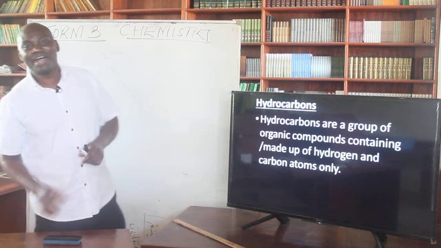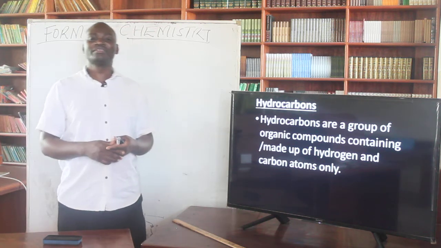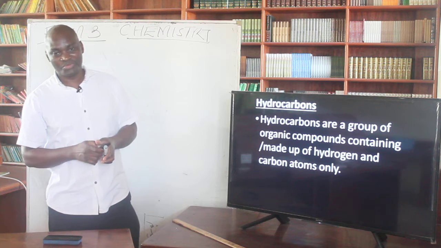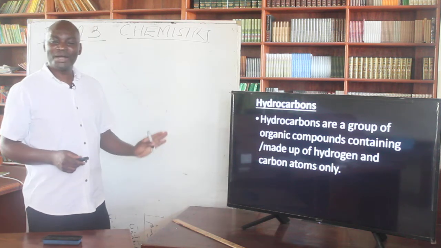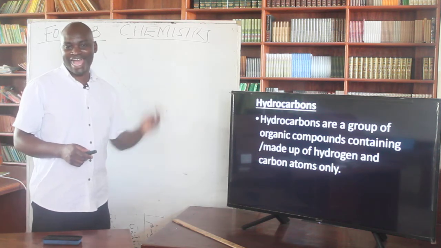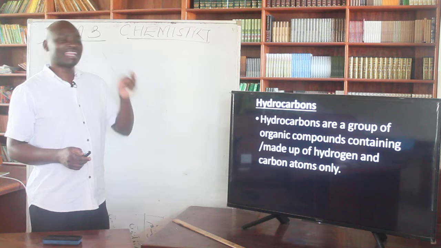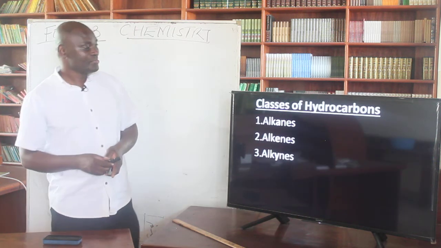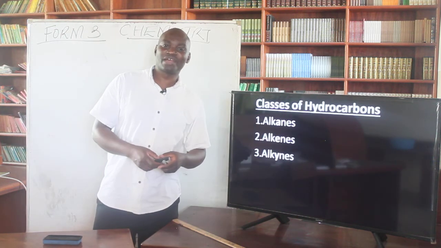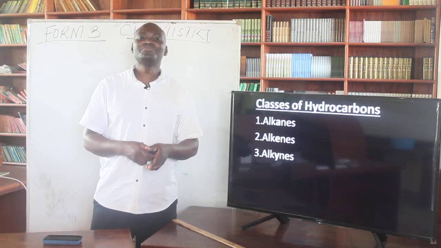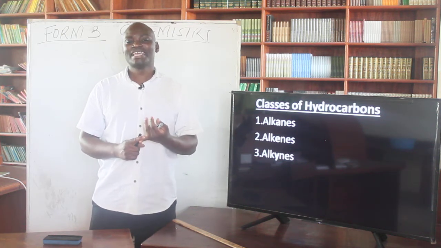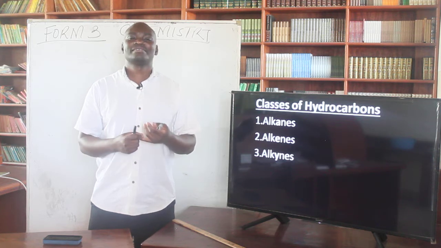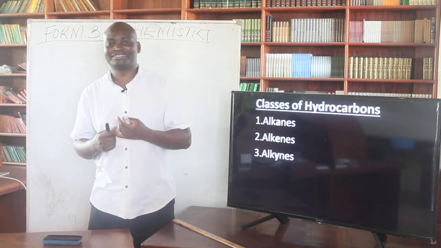So, in fact, under organic chemistry 1, we are only dealing with hydrocarbons. We are only going to deal with compounds made up of carbon and hydrogen only, that class of organic compounds. We move to the classes of hydrocarbons. We have three classes of hydrocarbons: alkanes, alkenes, and then alkynes.